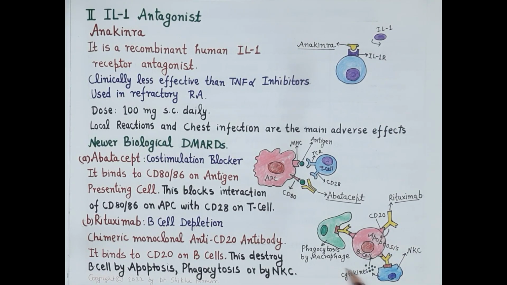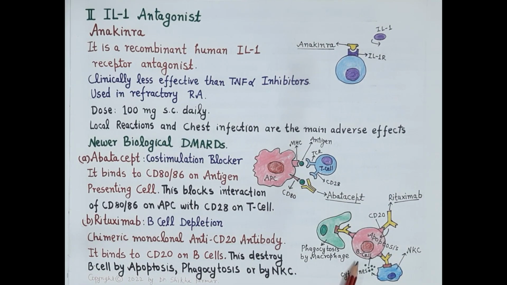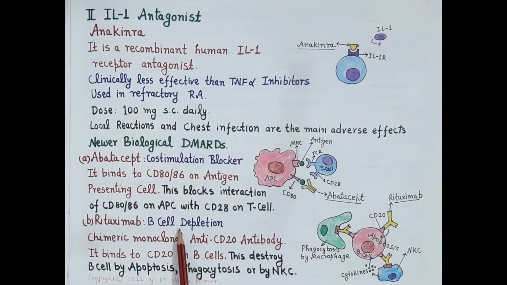So, in summary, rituximab causes destruction of B cells, and when the B cells are destroyed, their number reduces. So, this causes depletion of the B cells, and as this drug reduces the number of B cells, there is reduced generation of antibodies like the rheumatoid factor, and therefore there is reduced destruction of the joints.